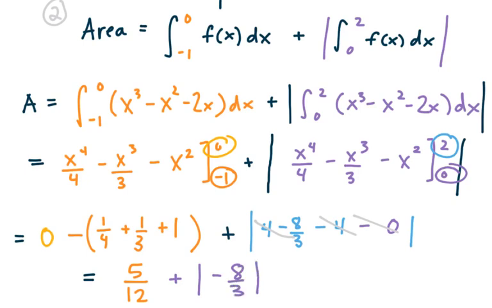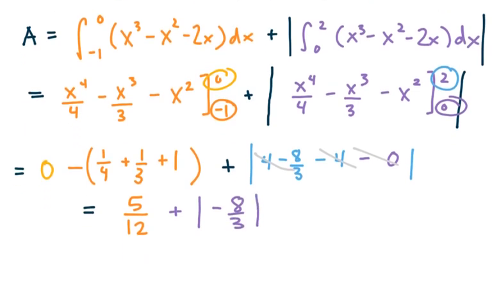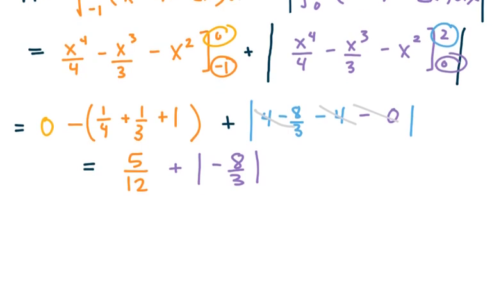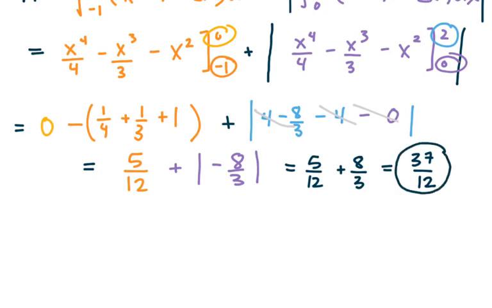So I got a negative value for my definite integral there because we recognize that that space was below the x-axis. So if I am to add together 5/12 plus a positive 8/3, I get the value of my area under the curve, which is 37 over 12. So that represents the area, not the definite integral. The integral is different than this area problem.